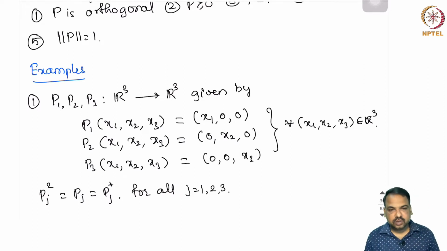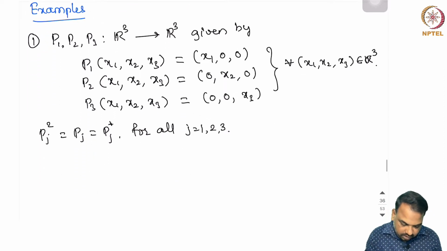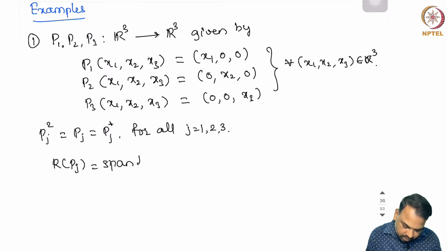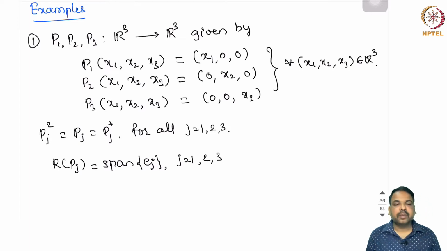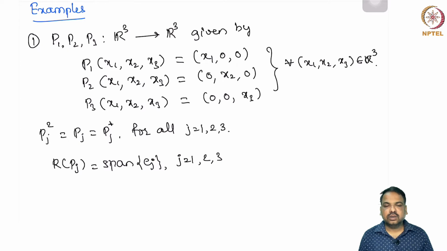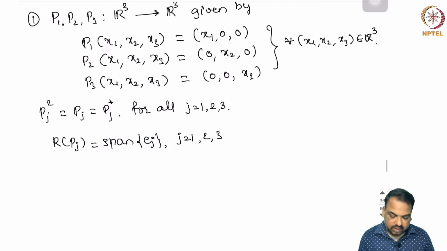That means all these projections are orthogonal, and if you look at the corresponding ranges, we can easily see that range of Pj is span of Ej, j equal to 1, 2, 3. Here E1 is 1, 0, 0, E2 is 0, 1, 0 and E3 is 0, 0, 1. This is the standard orthonormal basis for R3.